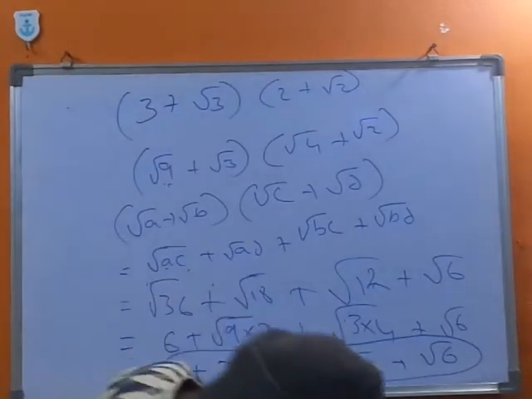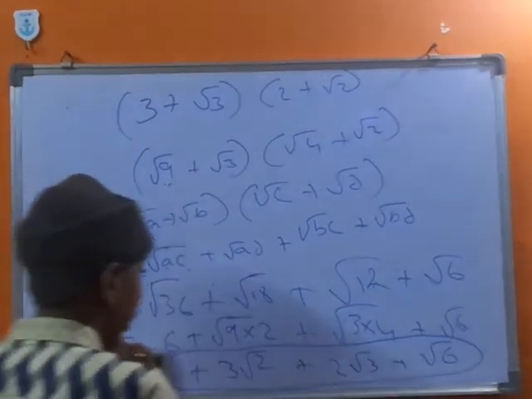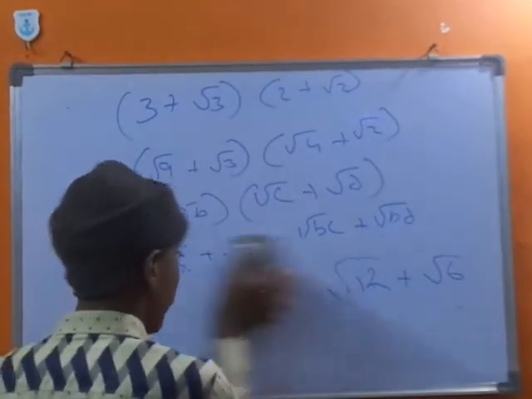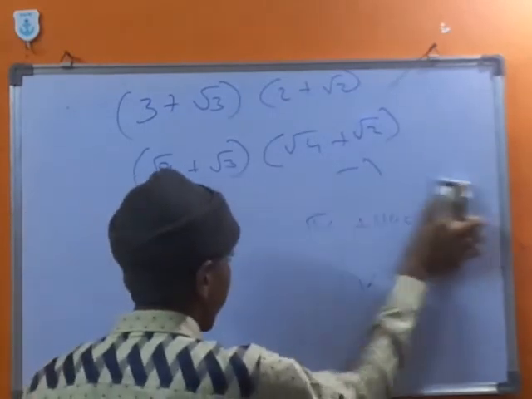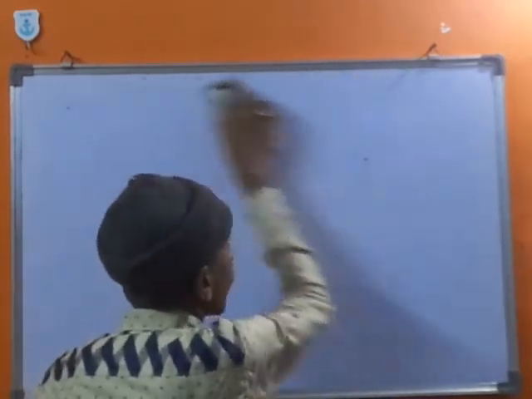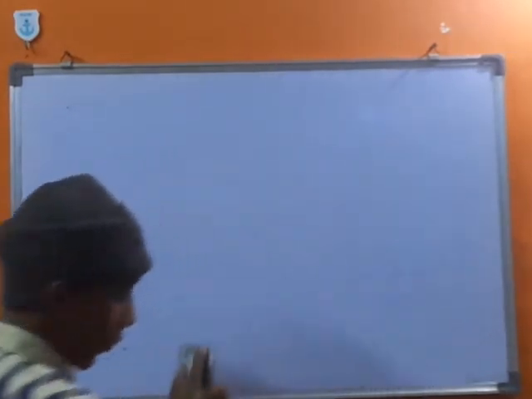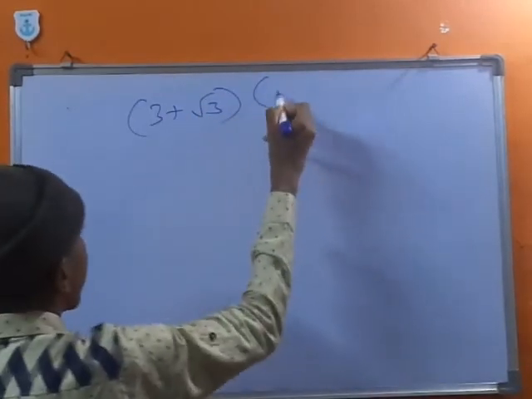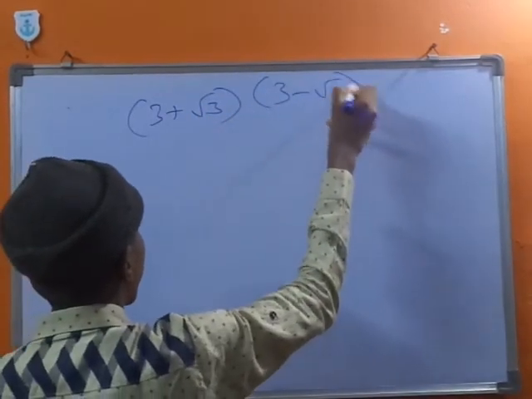Simple. Now the next one: 3 plus root 3 multiplied by 3 minus root 3.